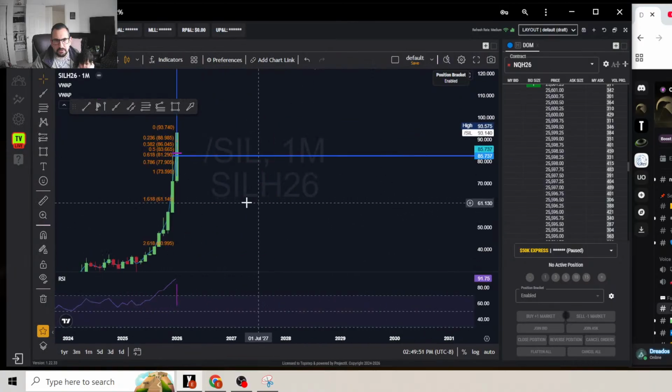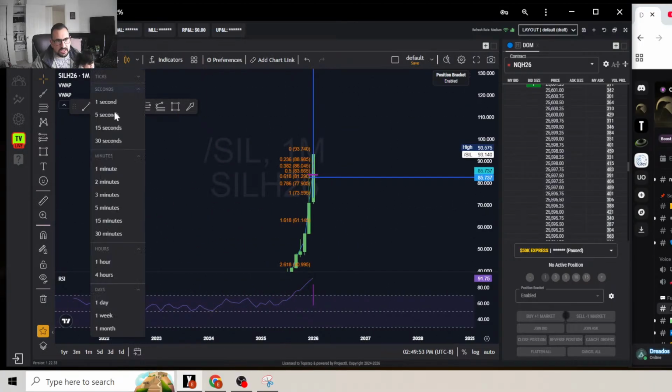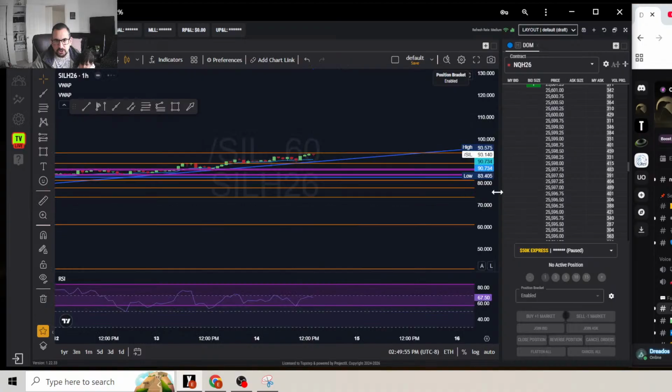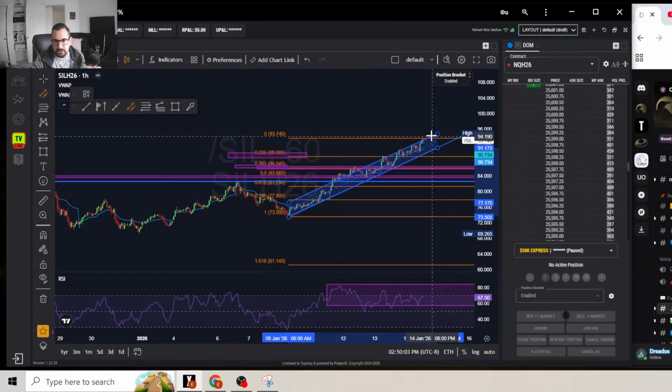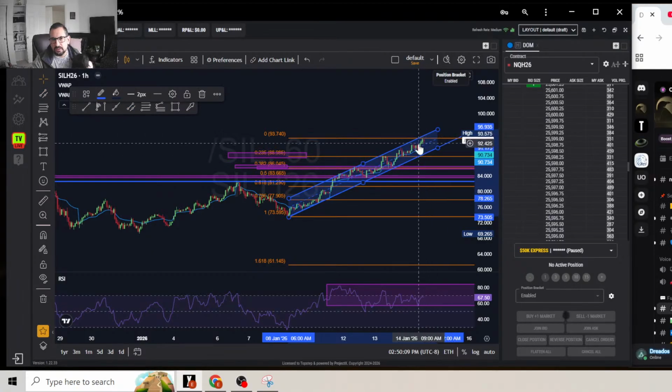So for silver, we are looking at a very good short area that we're coming into, which is this channel. So I always draw my channels. Channels typically always get respected, especially when they're this pretty. So this pretty channel. We're right here on the top side.